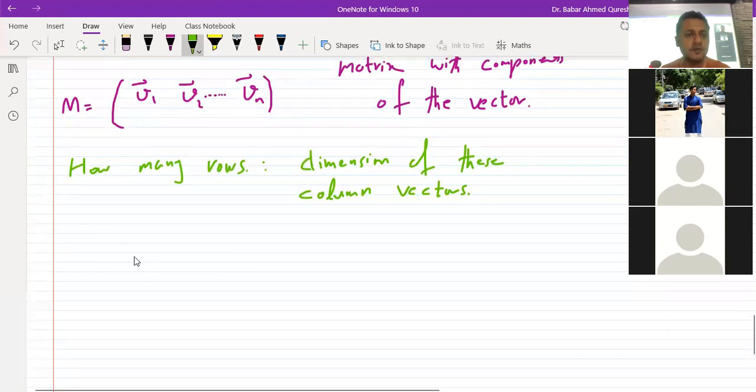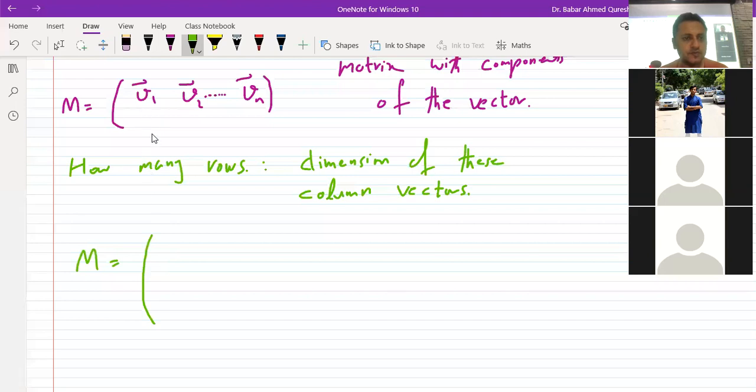Because if each of these columns has dimension m, I can write those as entries with two labels. The first label is the component label, and the second label is which vector I'm talking about. So the mth component of the first vector.